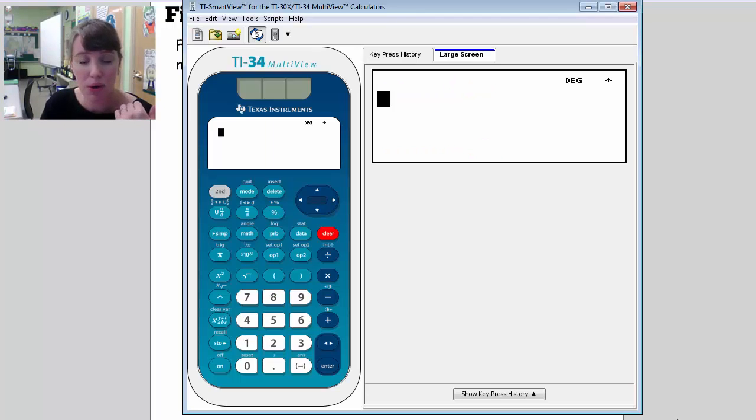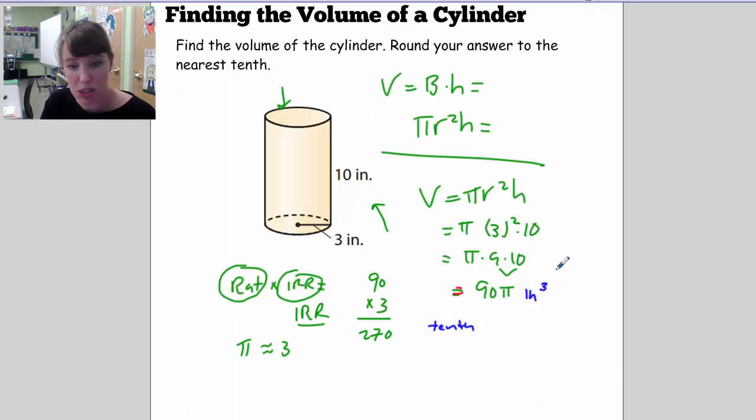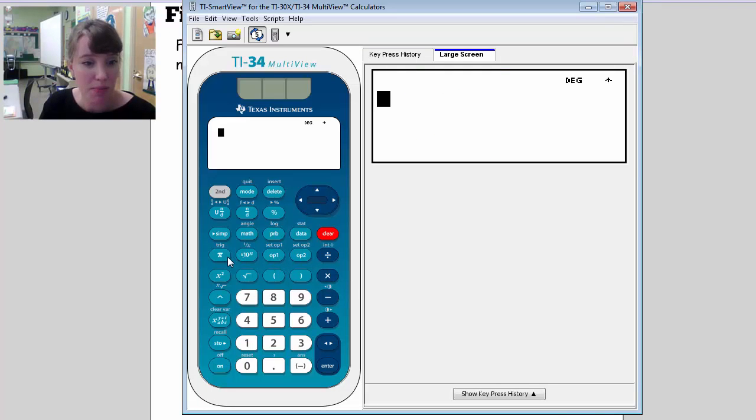So we're going to grab our calculator here, and let's put in the original expression that we have, which is pi times 3 squared times 10. Okay, so that will be pi, and by the way, always use the pi key on your calculator. Don't put in 3.14.